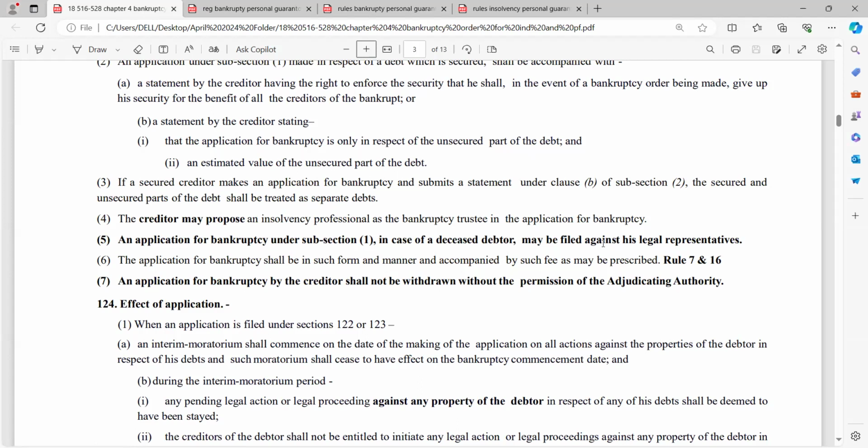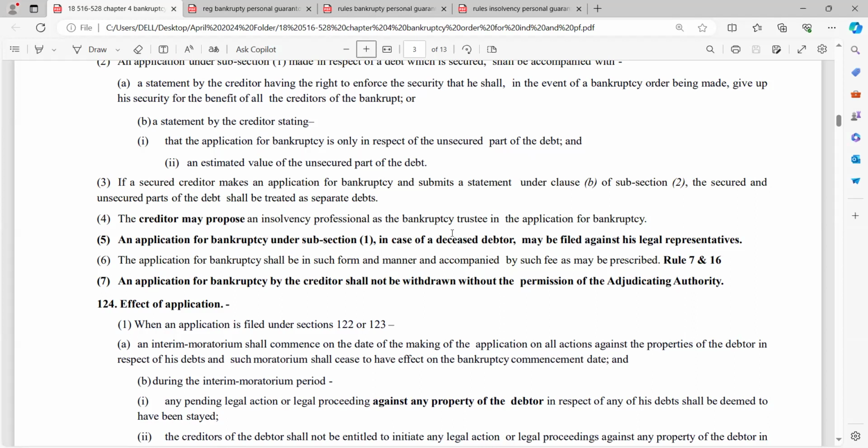But it is saying may be filed against. So it is not saying by, it is saying against. Correct. So that means if creditors want to recover, they can. This point is not there in the insolvency part, no?